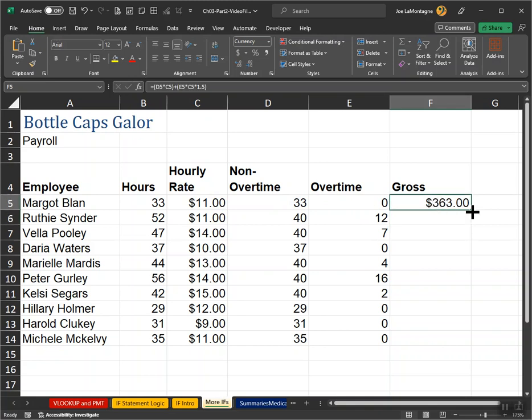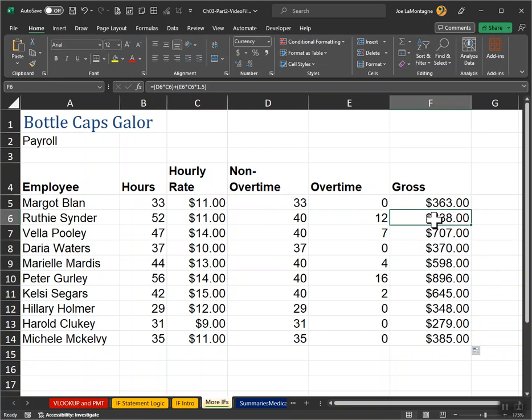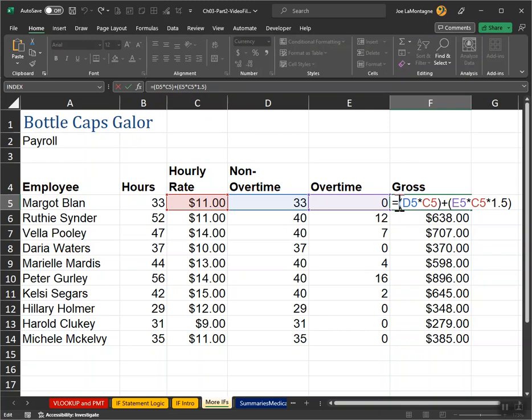So let's just copy this down. Okay, so who should get overtime pay is Ruthie and Vela and Mario and Peter and Kelsey. So this is where that second formula took over. Again, why I did this is I wanted to separate this. Technically, the parentheses are not necessary.